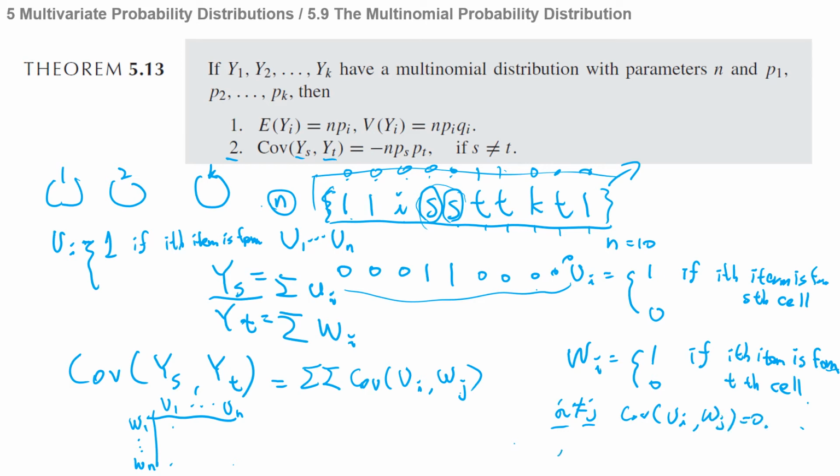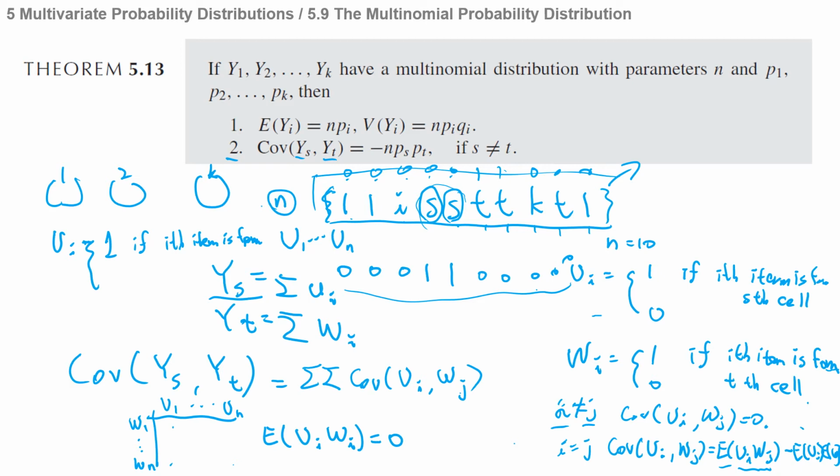And what about i equals j? If i and j are equal, then the covariance of Ui and Wi is the expected value of Ui Wi minus the expected value of Ui times the expected value of Wi. And the expected value of Ui Wi is actually 0, because if an item is picked from the t cell, then it cannot be picked from the s cell.